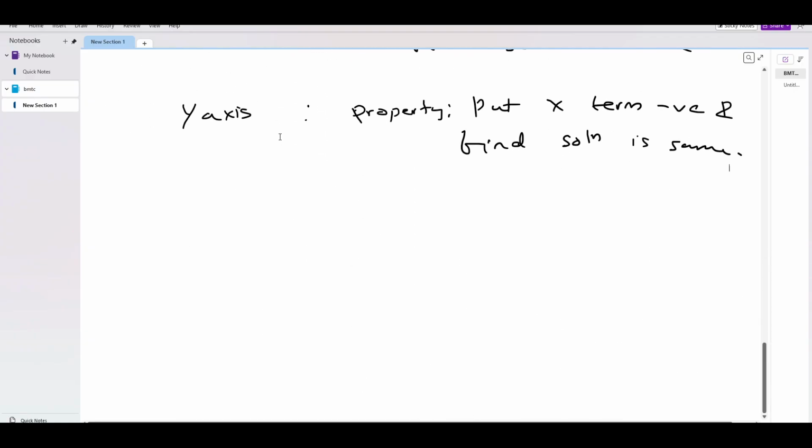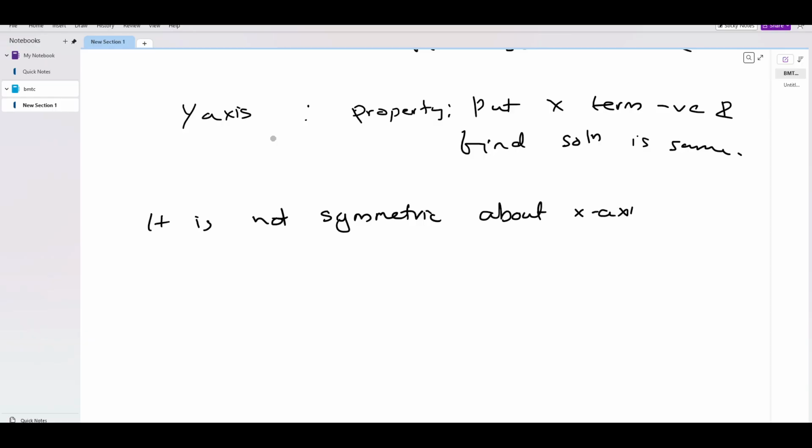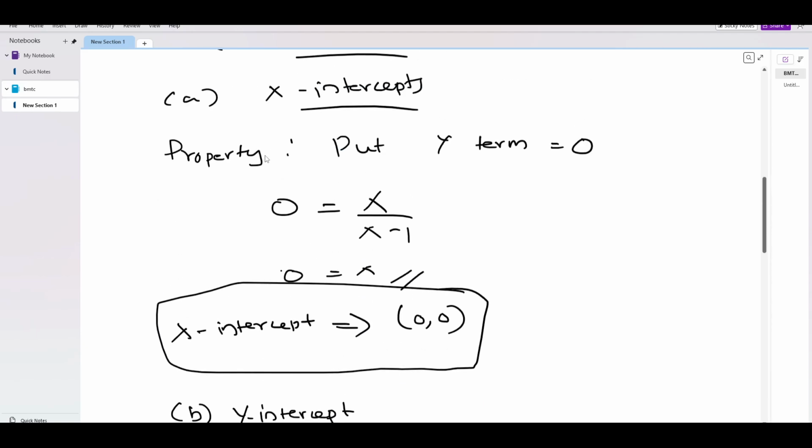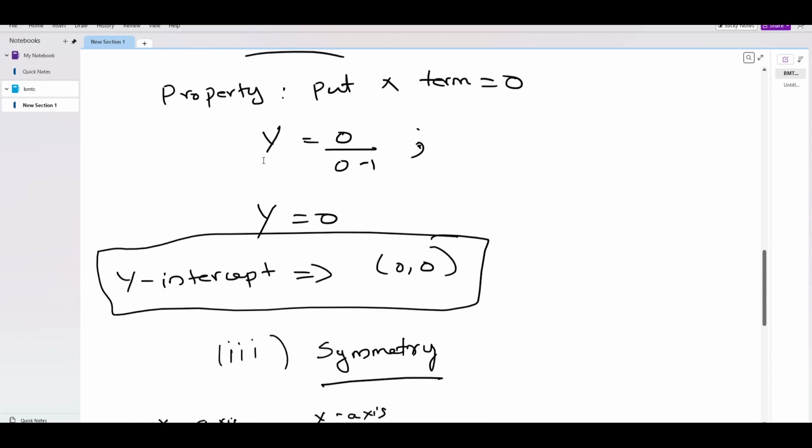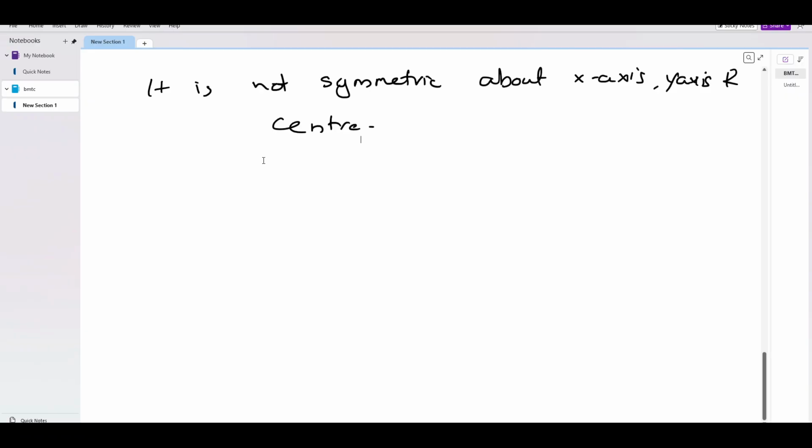Eventually it is not symmetric about center either. So we have covered domain, intercepts, and symmetry. Now we can look for vertical asymptote.